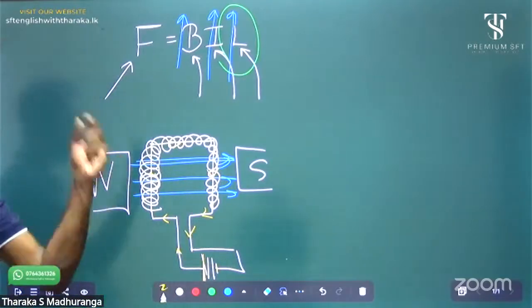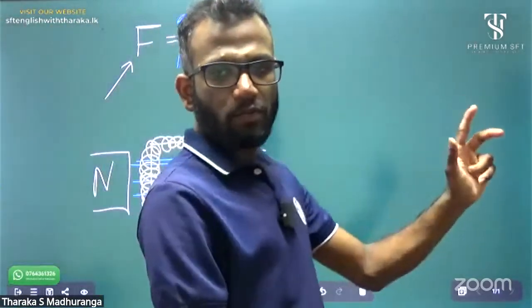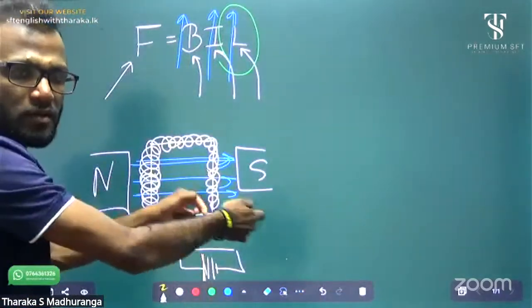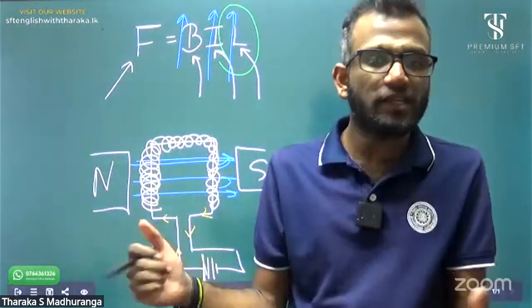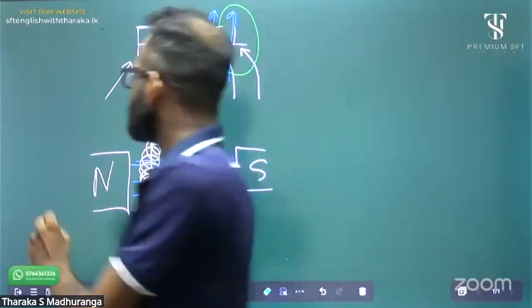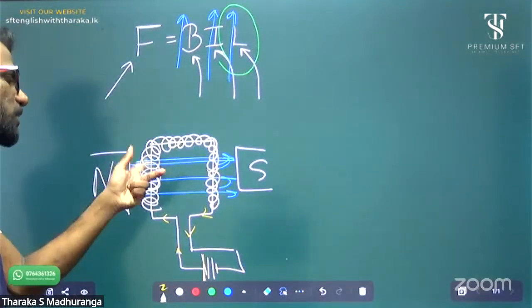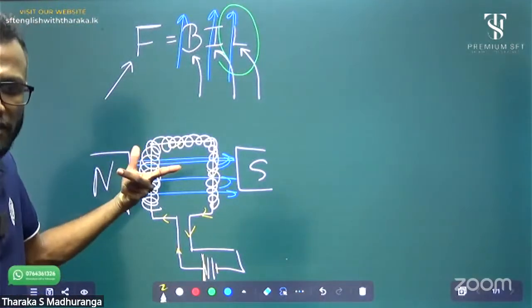According to Fleming's left-hand law, now a current is flowing through a magnetic field. Then a force is exerted on the conductor. This is the magnetic field direction.